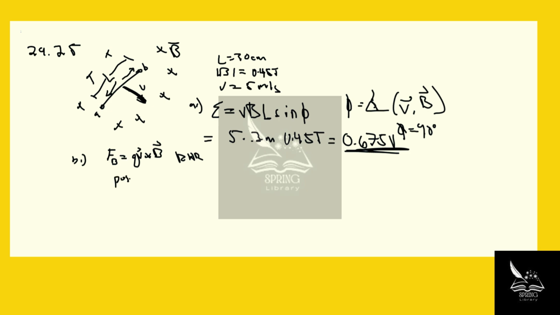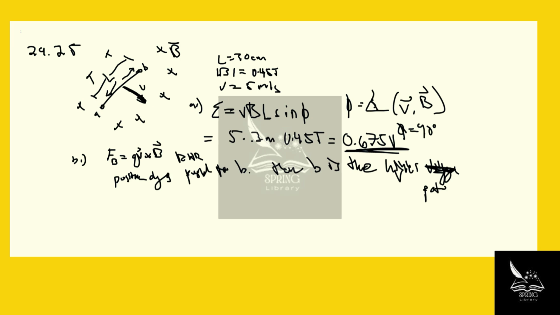Since positive charges are pushed to B, then B is the higher voltage. Easy enough. Because the higher potential is always at the place where the positive charges accumulate.